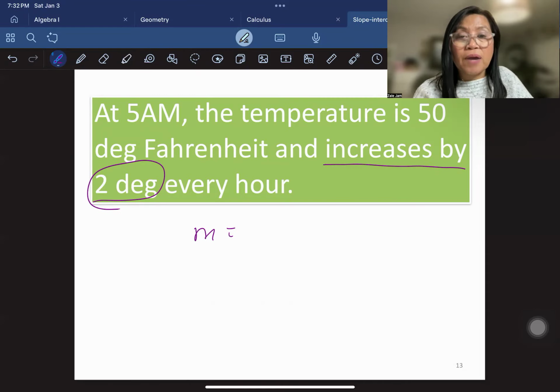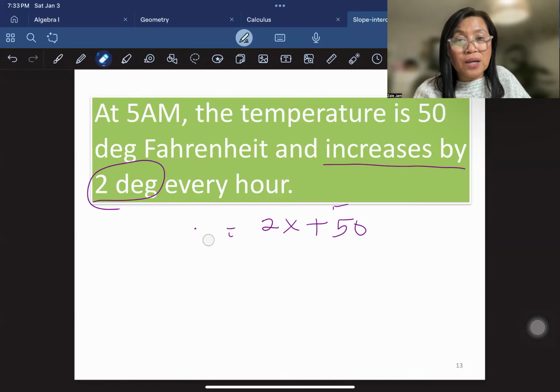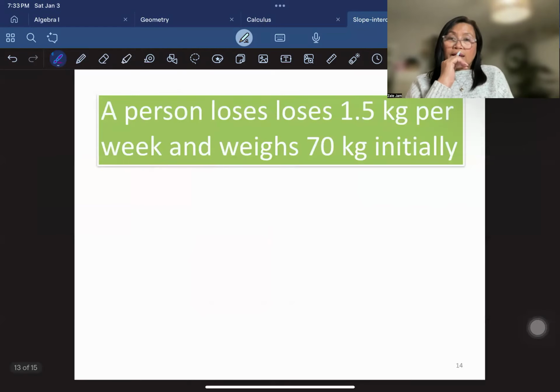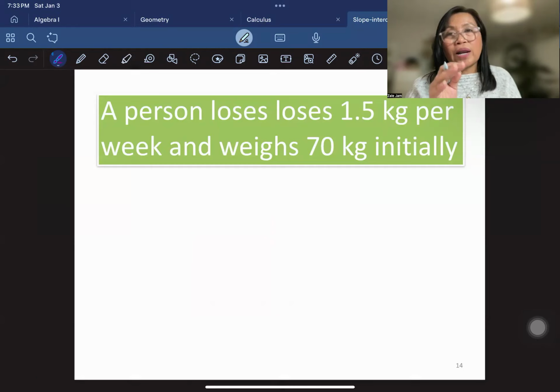So you will have a slope that is increasing 2 degrees, and that's 2x, where x is your time, plus the temperature is 50 degrees. That's the starting point. So our y-intercept should be 50. Okay, so that's our equation. No, I'm sorry, this is not m. This should be equal to y. Sorry for my handwriting.